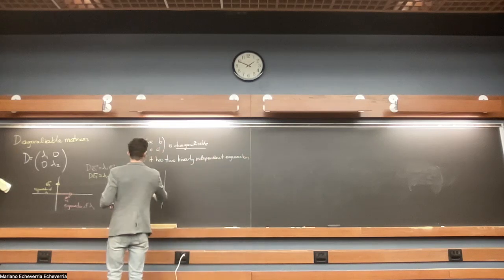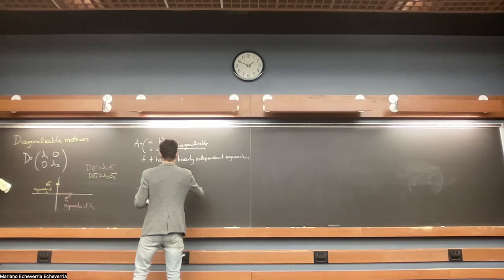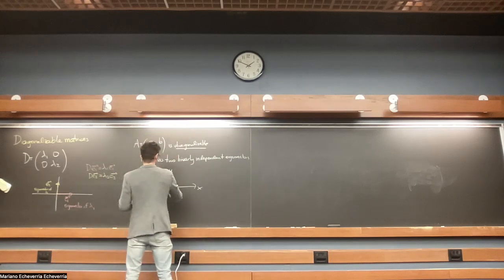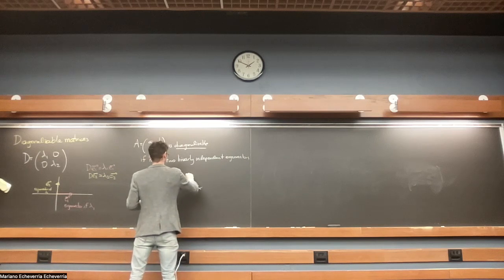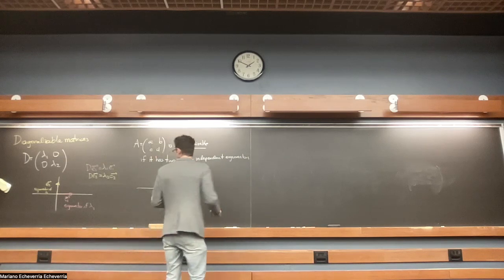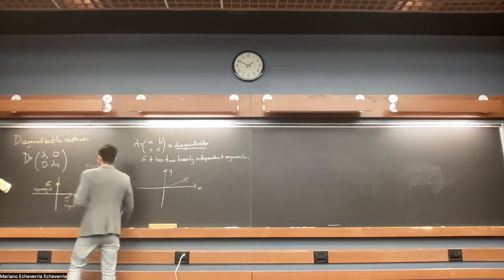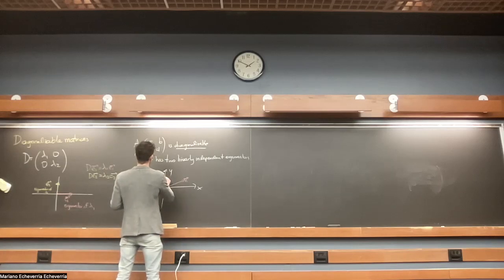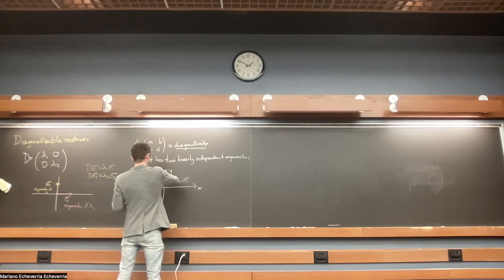So maybe one eigenvector is here, so here's V1, and there's another eigenvector which would be V2. The fact that they're linearly independent just means that they're not parallel. It doesn't matter how you draw it, maybe V2 looks like this.